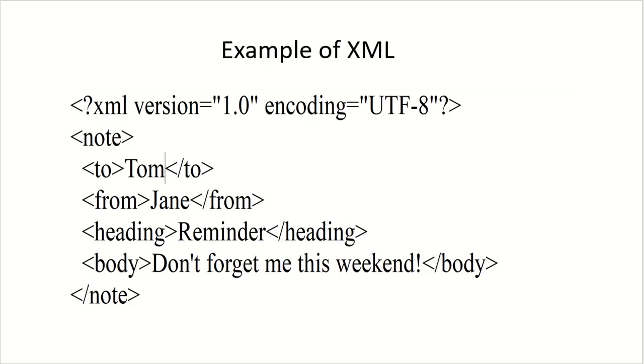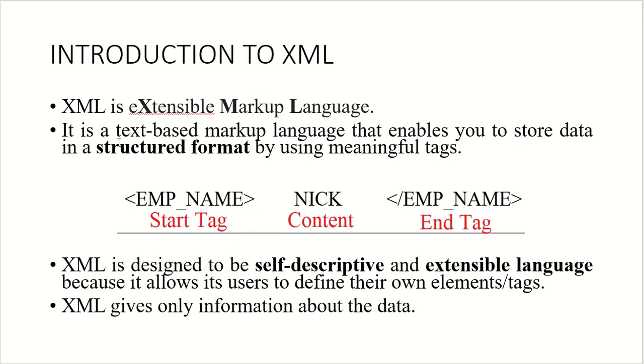Structured format means it has a proper structure which tells which tag is under which tag. So to, from, heading, body are under the note tag. Getting my point? We are now clear with text-based markup language and structured format.